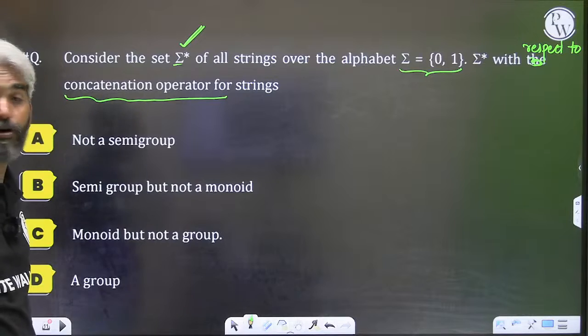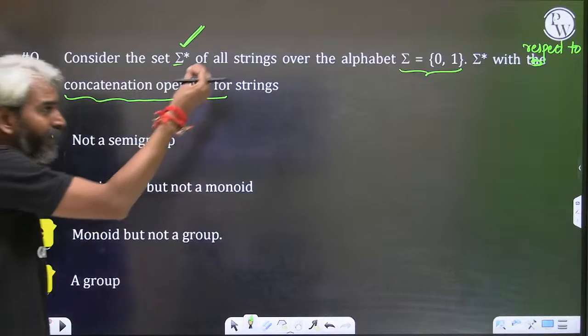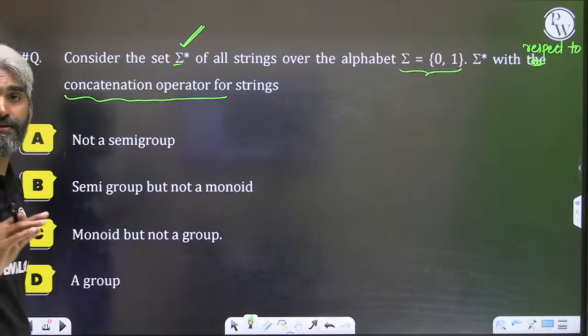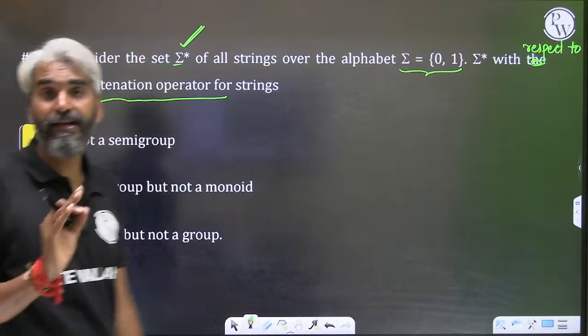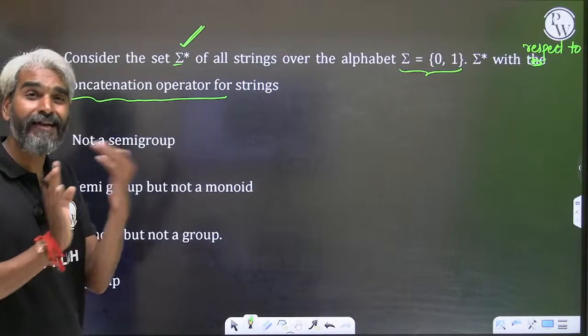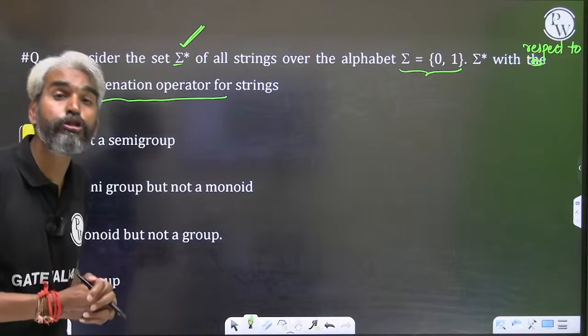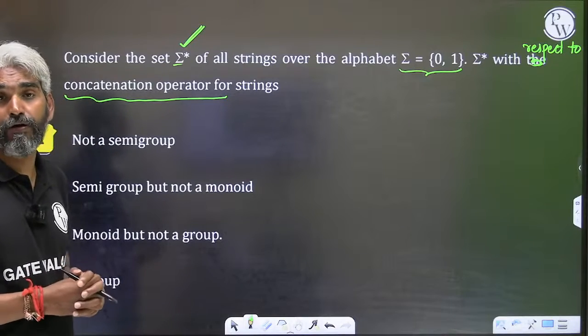The idea is, if we take any two binary strings and concatenate them, the result will also be a binary string of 0 and 1.